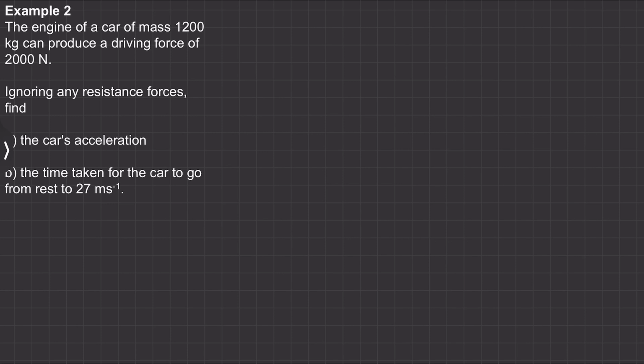In question 2, we're told that the engine of a car has a mass 1,200 kilograms and can produce a driving force of 2,000 newtons. And we've been told to ignore any resistance forces. So we've been asked to calculate the car's acceleration and the time taken to travel 27 meters per second from rest. So the first thing we'll do is we'll draw a quick sketch.